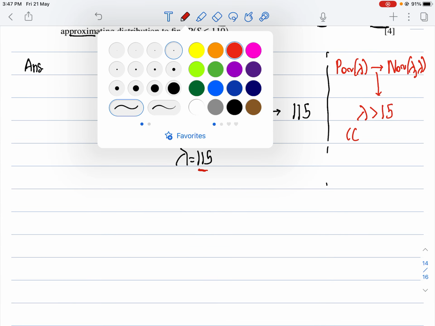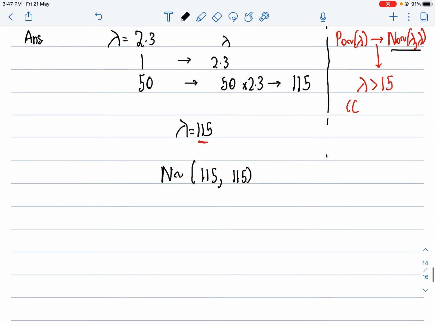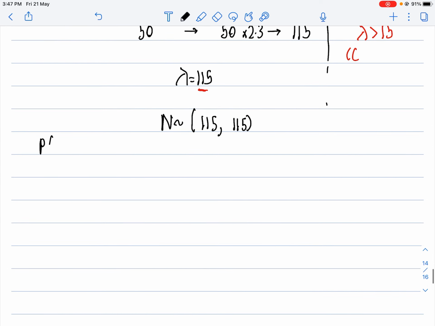So I can say this can be approximated to a normal with 115, comma, 115, because in a normal this is the distribution, correct, and your lambda is basically your mean and variance both, correct, you know that. Now I need the probability of S to be less than or equal to 110.